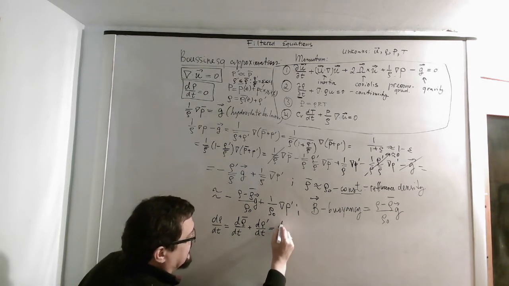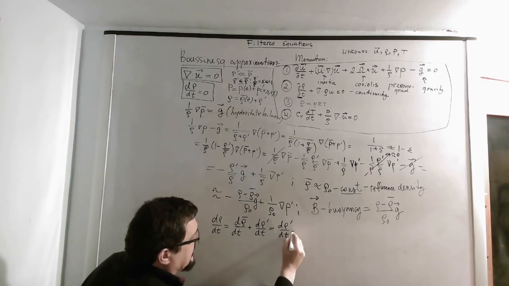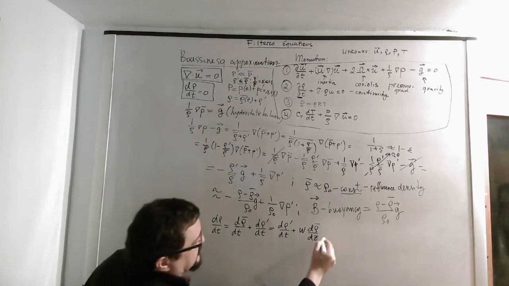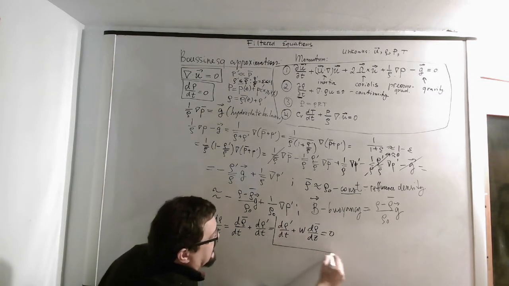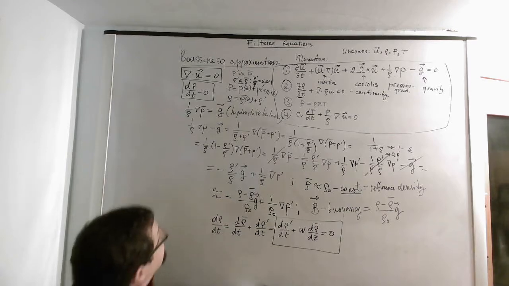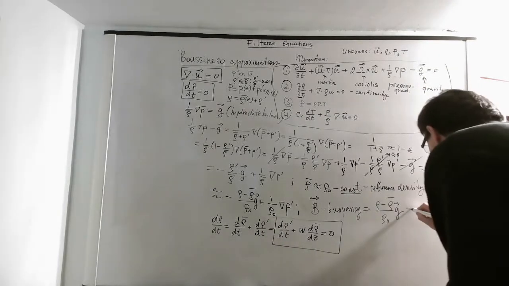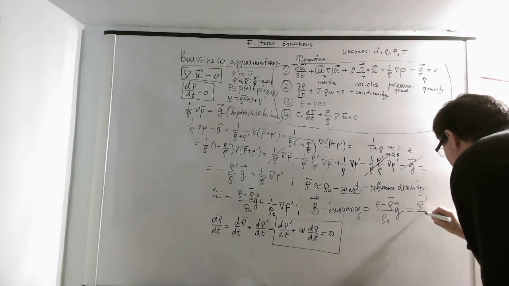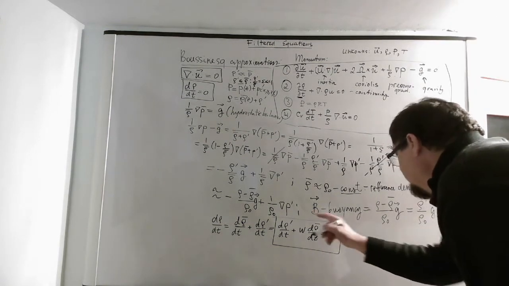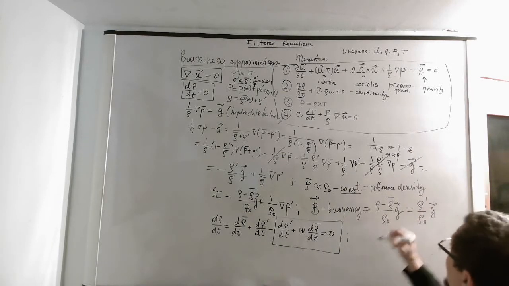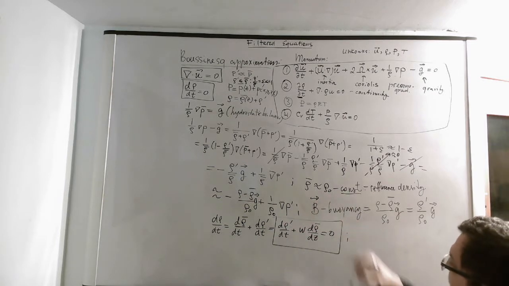So it will be d rho prime dt plus w d rho bar dz equals 0. This is our equation for density. Now, using this definition, we can replace it by dividing by rho naught, which is just a number, a reference density. That's why we needed it instead of a profile.